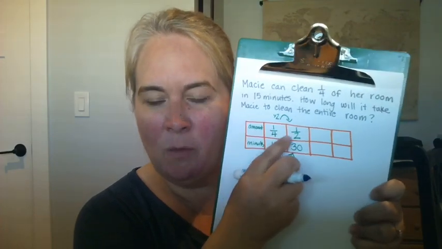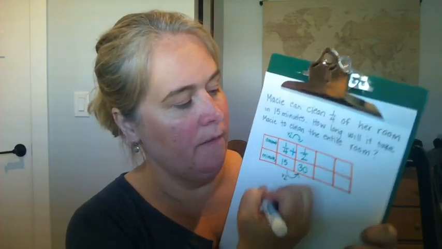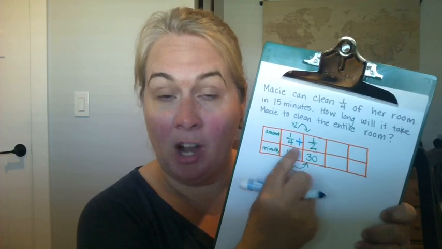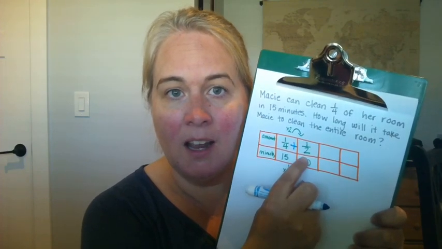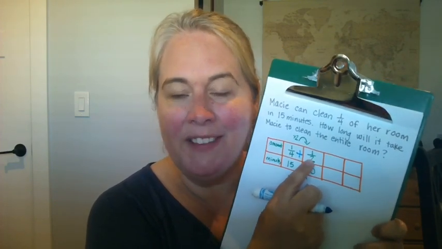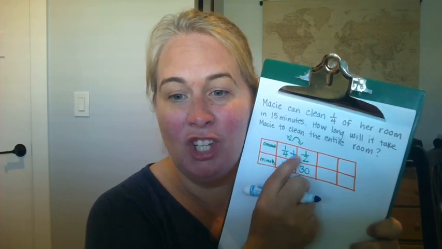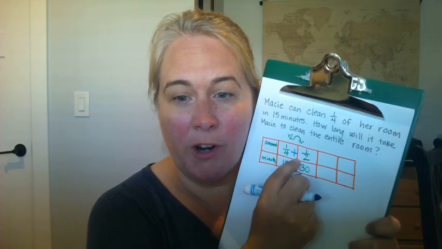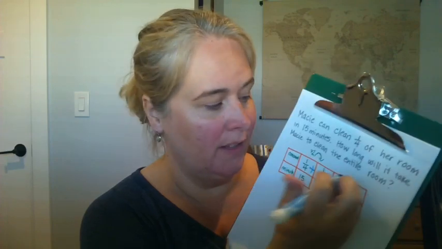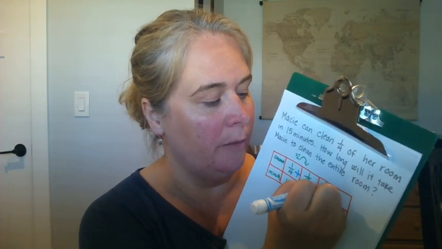If I want to put these two together, I can see that my denominators are different, right? We've talked about 1/2 is the same as 2/4. So 2/4 plus 1/4 is going to be 3/4 of her room.